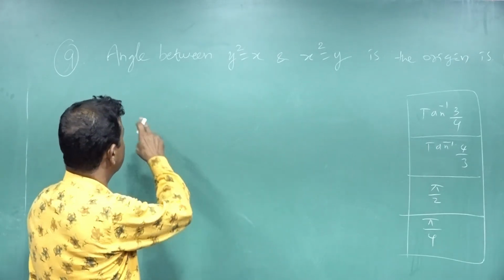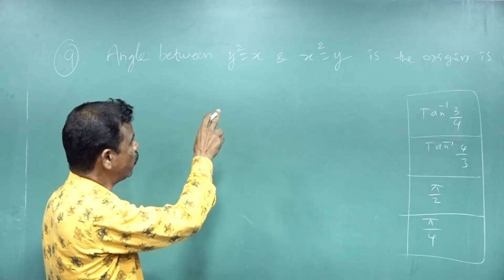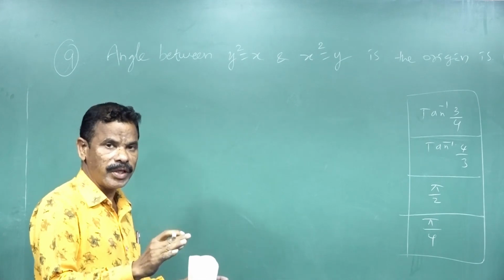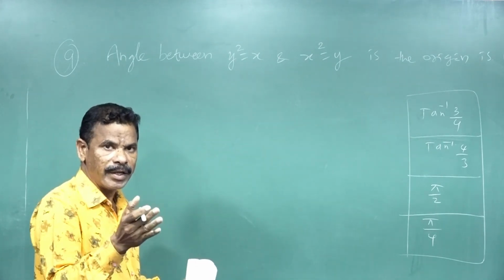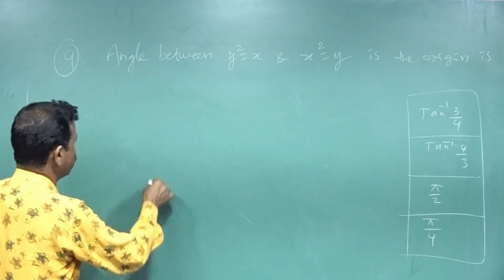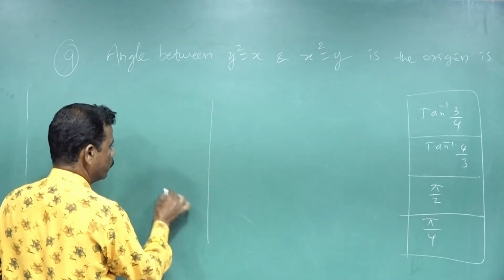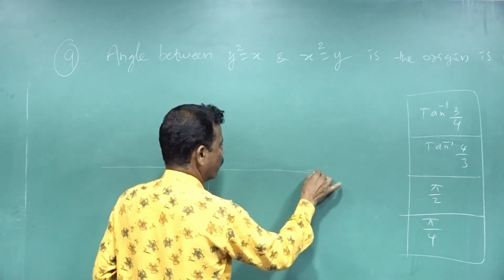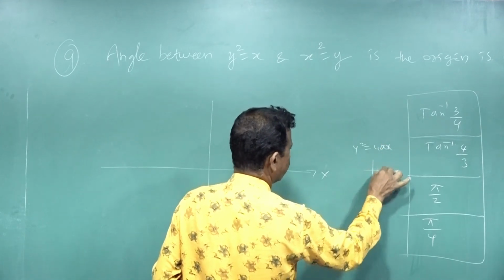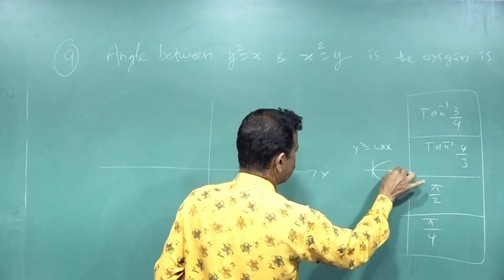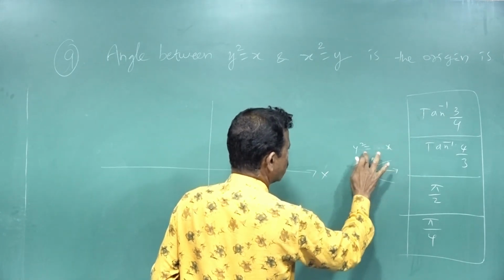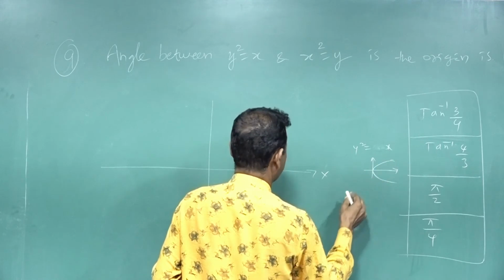Ninth problem. The angle between y square is equal to x and x square is equal to y at the origin. At the origin, these two curves have tangents. What is being asked is the angle between the tangents. You see from the diagram, y square is equal to 4ax is the standard form, where 4a is the constant; y square is equal to x opens to the right.